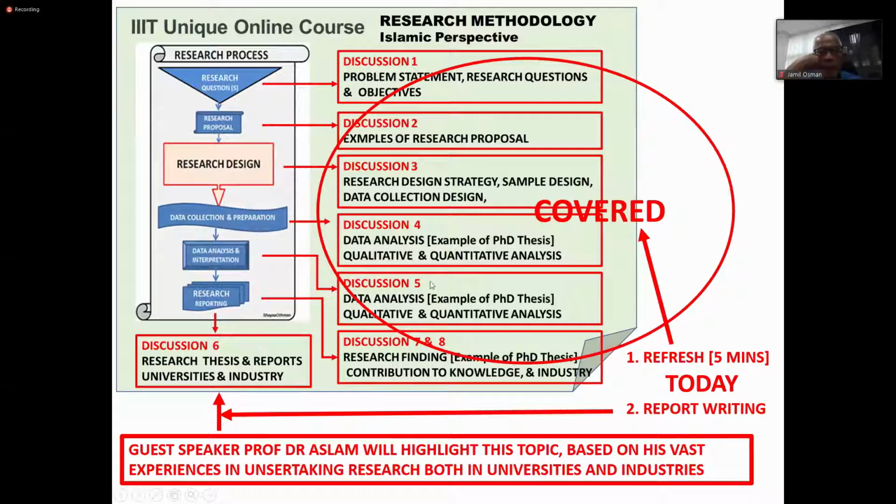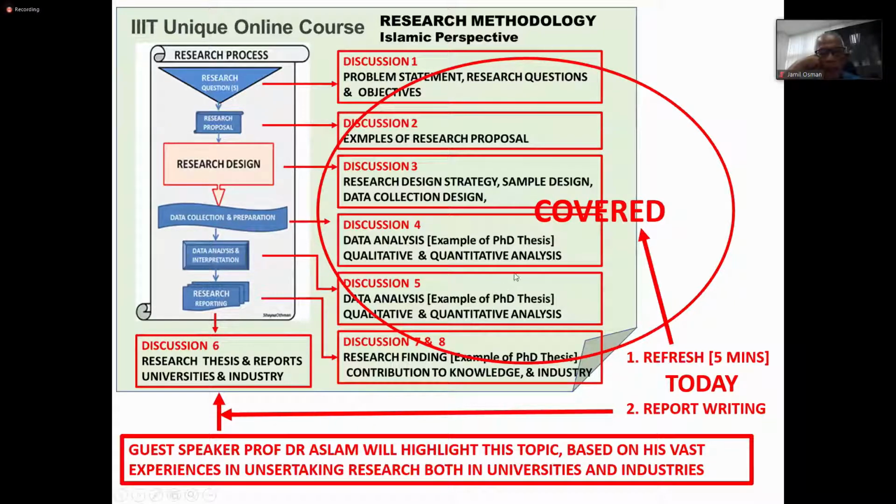And we go on and discuss again in chapter 5 how the thesis should be structured according to the requirement of the university. And the report writing we will discuss today with Professor Dr. Aslam, in detail on various types of research that he is expert with, universities' work and industries' work as well.